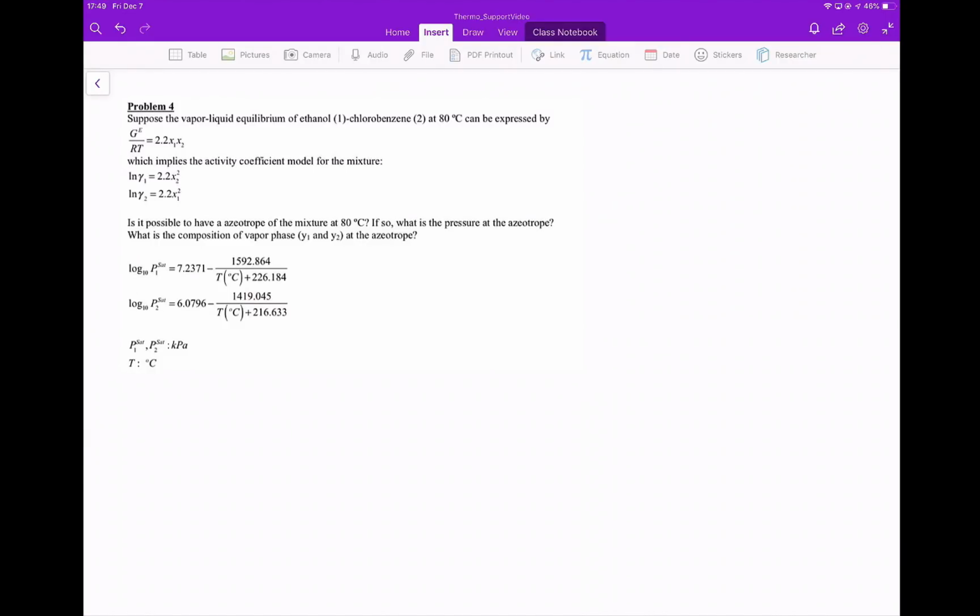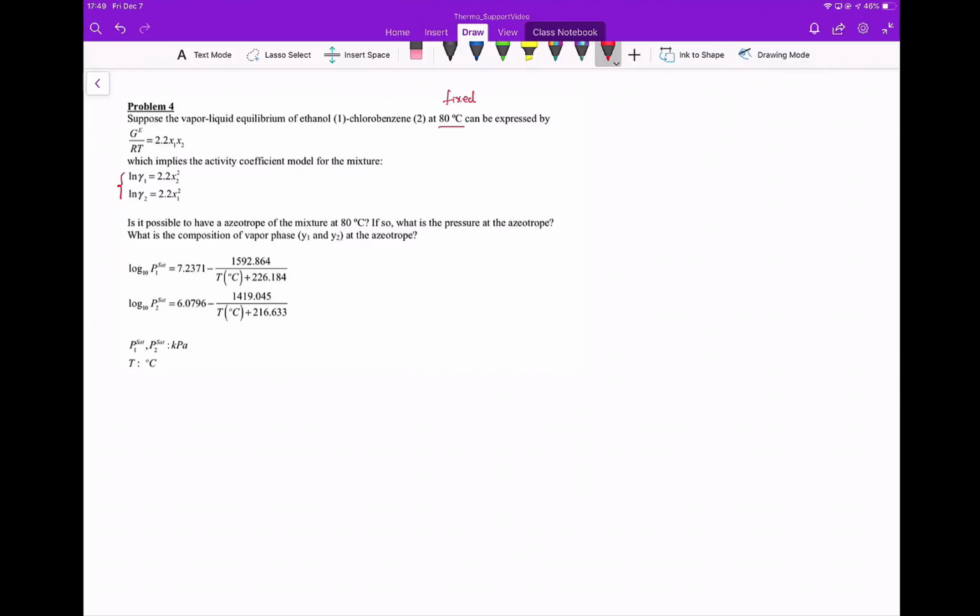Okay. So the problem statement says having a vapor-liquid equilibrium, component 1, component 2, at a known, fixed temperature, and the excess Gibbs energy can be expressed as GE over RT is the product of x1 and x2 with a coefficient 2.2, and it says the activity coefficient model will be this, log gamma 1, log gamma 2.